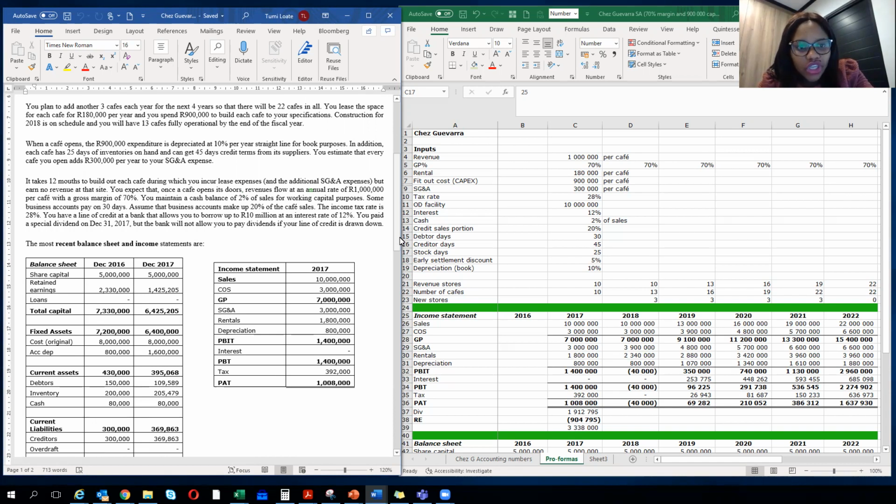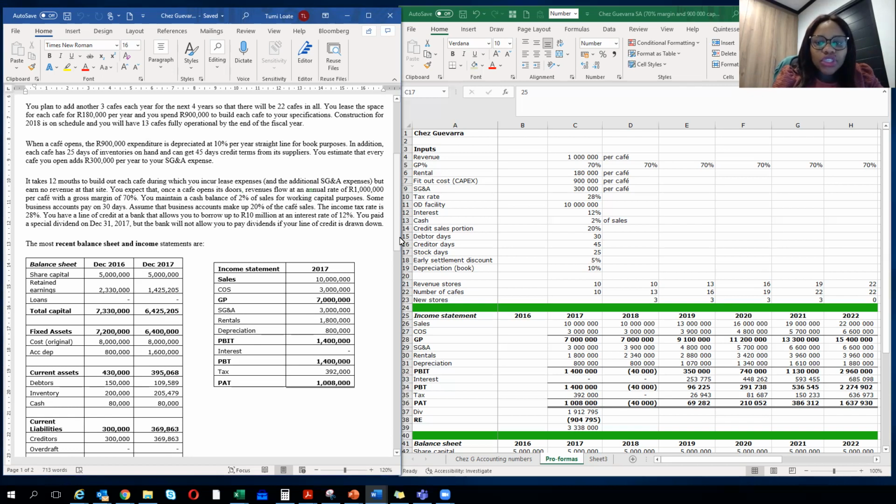Your construction is on schedule, and you'll have 13 cafes fully operational by the end of the fiscal year. So you're building an extra 3 cafes per year. You had already started off with 10 cafes, based on your history. Going forward, we want to add 3 new cafes per year.